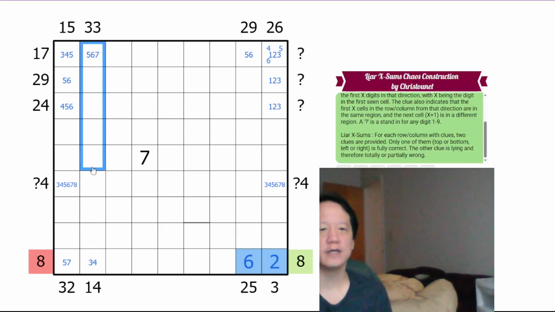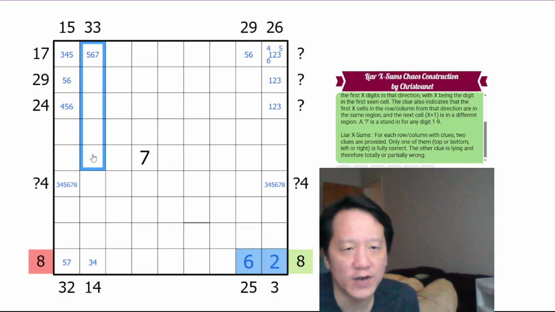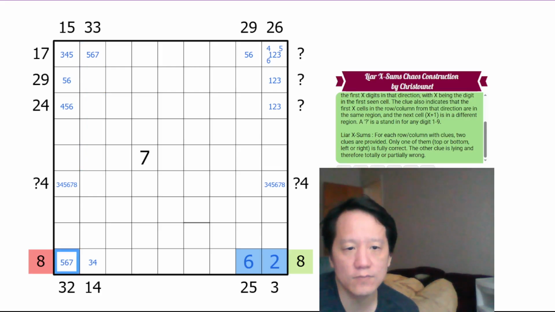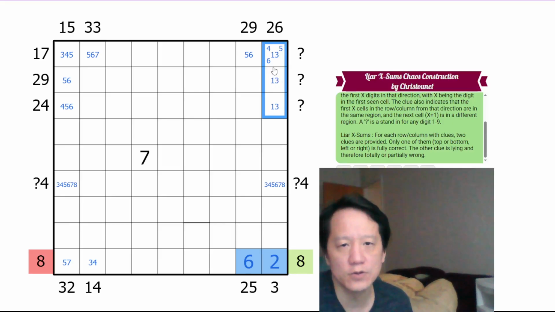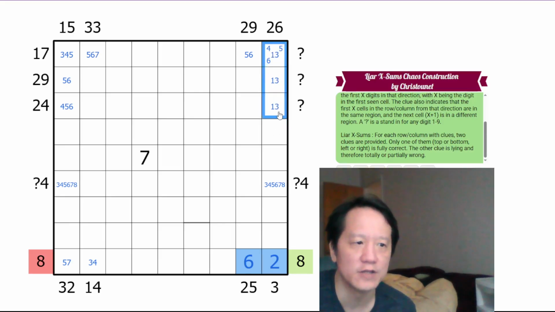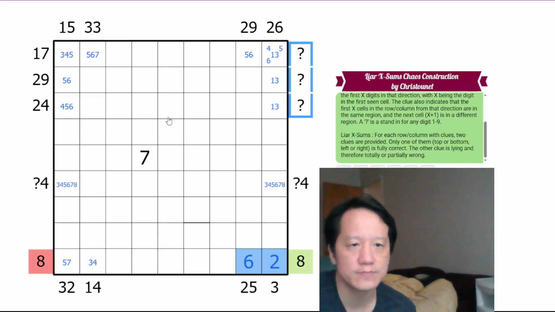So let's, again, try to see what happens if we validate this. So none of these can be 2. So again, one of these has to be invalid at least here.